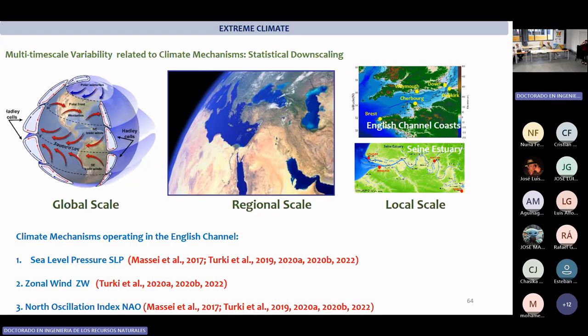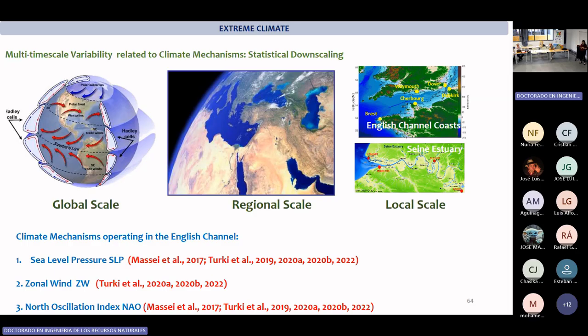Okay, we take the global atmospheric circulations, regional, for example Europe, and local, in my case, for example the Seine estuary in France and all the English Channel, between France and the UK. So we have demonstrated that many climate mechanisms operate in the Channel, like the long-term variability of many variables: waves, sea levels, discharge, precipitation.